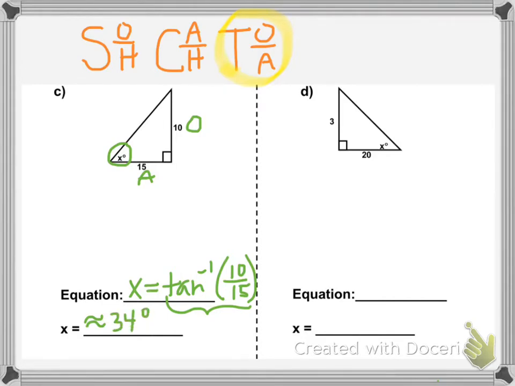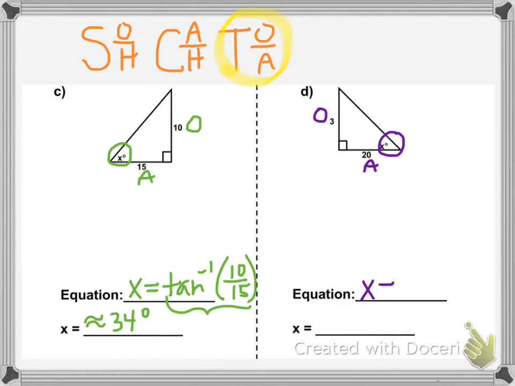Woohoo! Got one more. If you want to try D on your own, you can go ahead and pause it right now and then unpause it when you're done. Okay, so this is the angle measure we're trying to find. 3 is our opposite side, 20 is our adjacent. Again, O and A is TOA, so that's tangent.